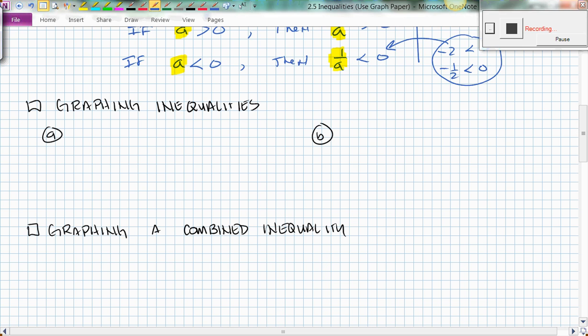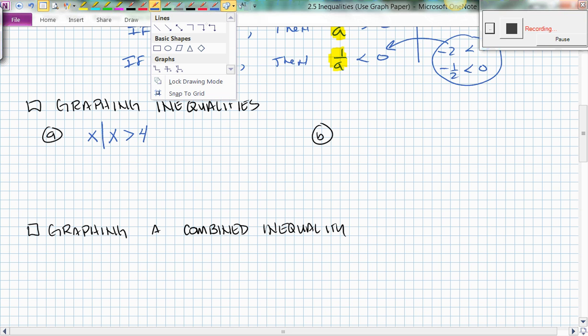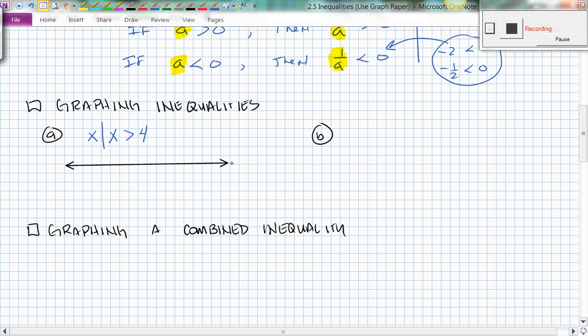Okay, for graphing inequalities here, for part A, sometimes you will see this. I'd like you to graph all x such that x is greater than 4. Now, what you're used to seeing back in the day when you're a kid is something that looks kind of like this. You'd have some hash marks here, and so we'd say this is 0, 1, 2, 3, and then 4.